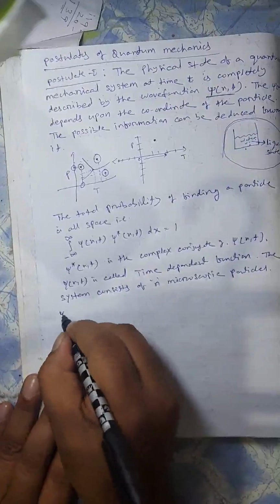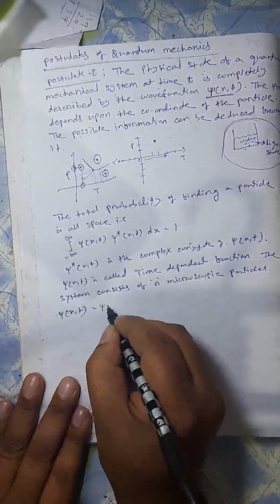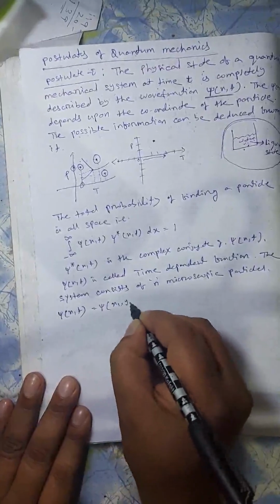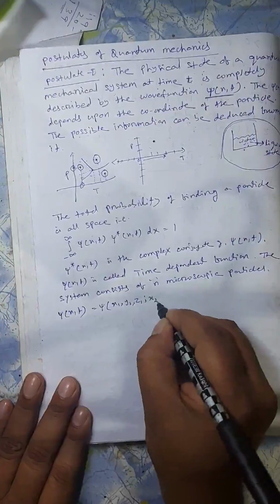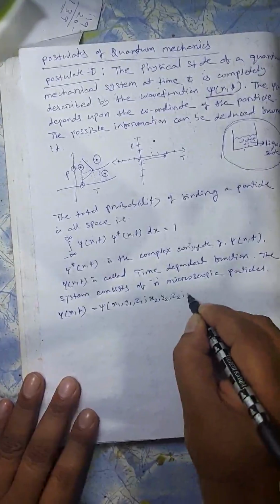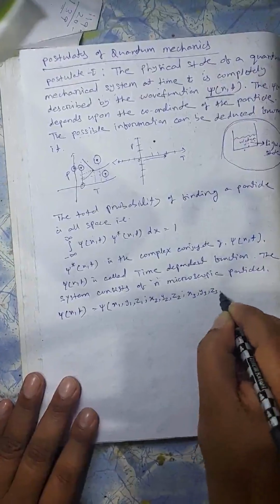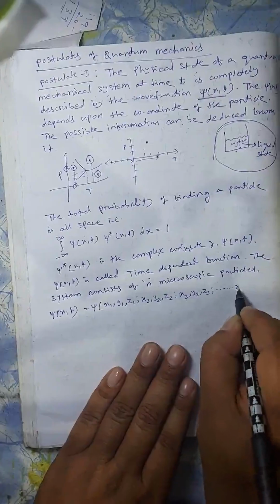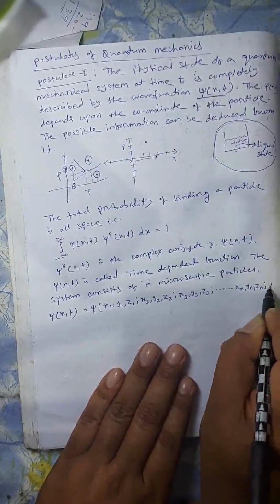So what is my psi(x,t)? Psi(x,t) is equal to psi of n microscopic particles. So x1, y1, z1 for one particle, x2, y2, z2 for the second particle, x3, y3, z3 for the third particle, and so on, up to xn, yn, zn for the nth particle, then time.